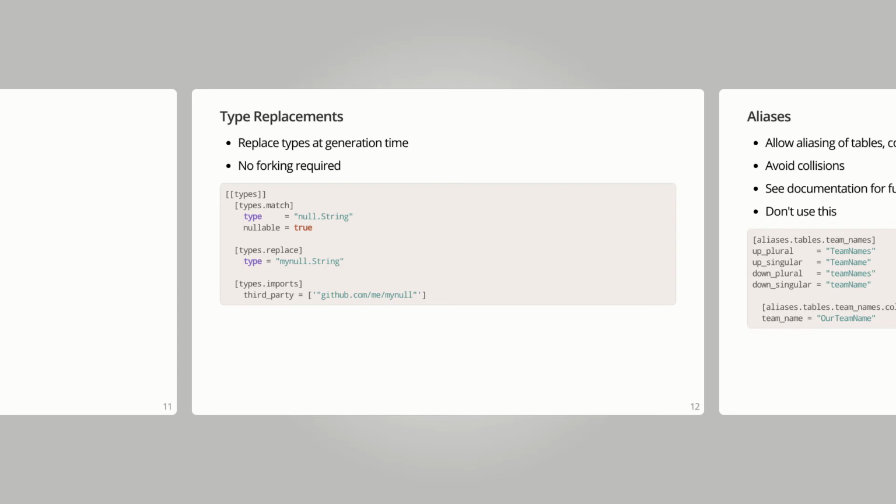So you could even match on the column name if you wanted. There's no regex support there or anything. It's just a fixed string. And you can also match on things like, is it nullable? You can't match on unique, but basically take a look at the column struct, and that'll tell you what you can match and what you can replace. And of course, if you need imports for your type, you can add them at the bottom there.